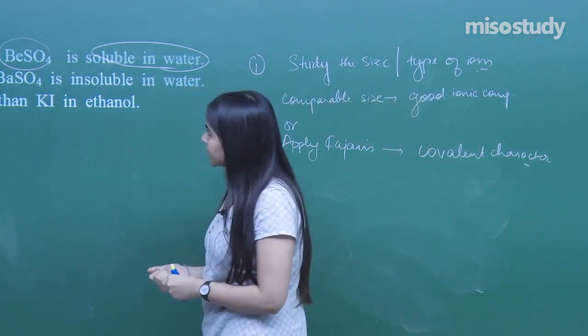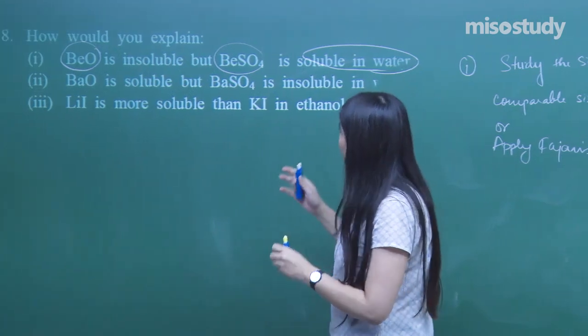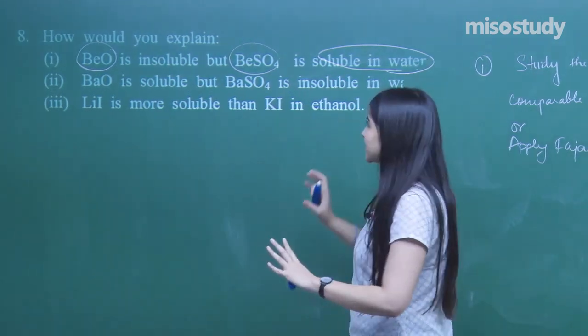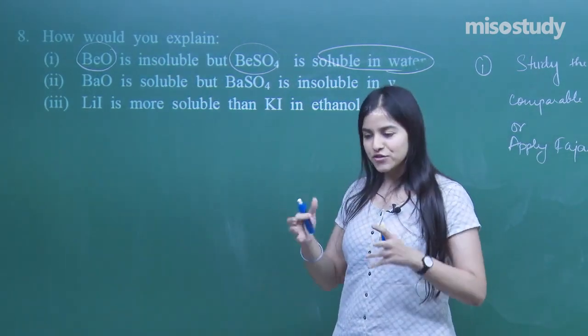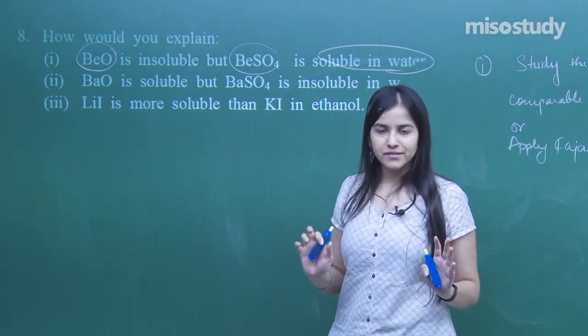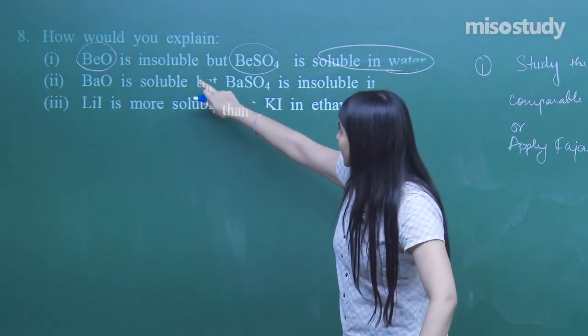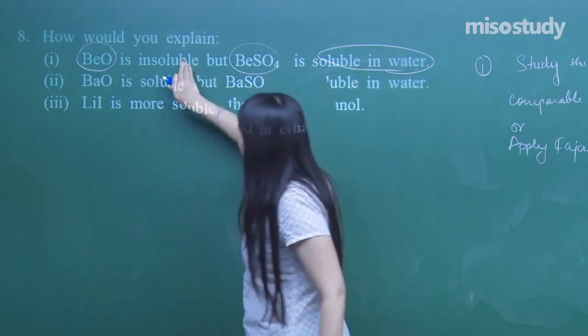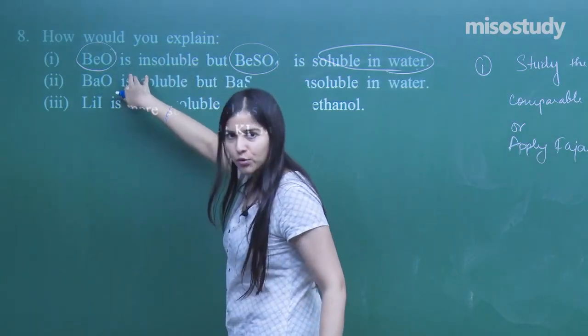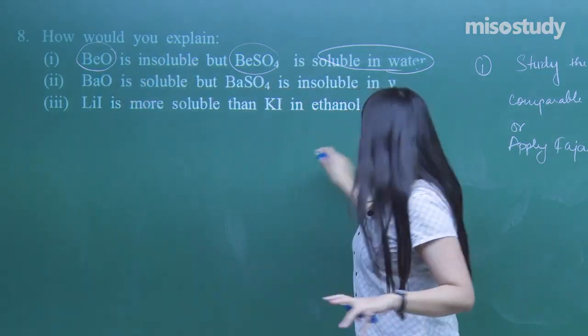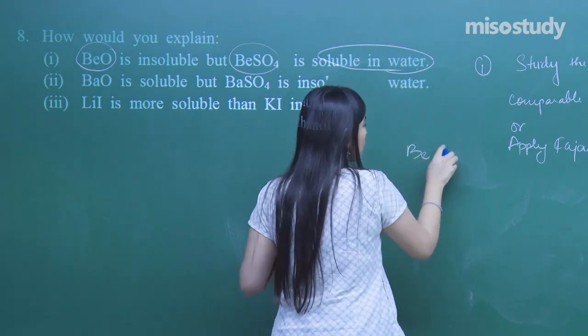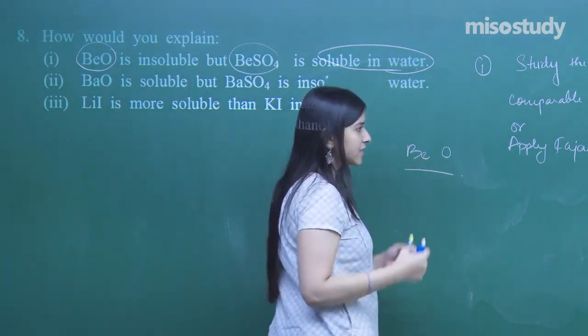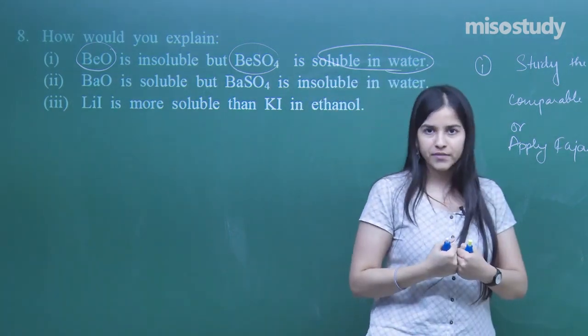So, see here, BeO is insoluble, but BeSO4 is soluble. What they have written is, try to mold your answer in that way. It is a trick. Why should there be an insolubility for BeO? Study the ions. Be is small, O is small. Comparable sizes.